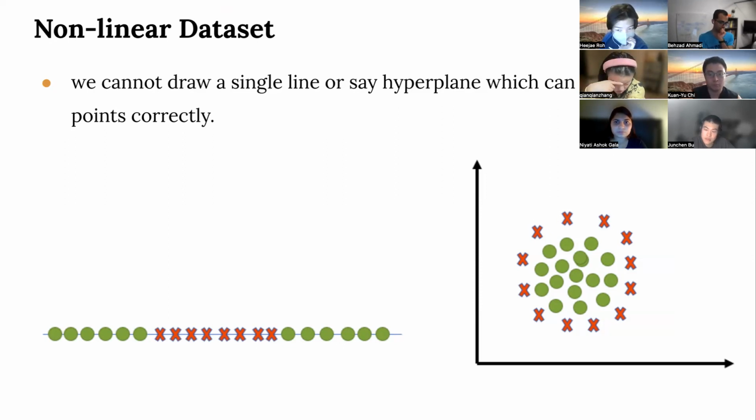I can't. So if you draw a line here, what would happen? Let's say this is x equals 0. If you draw a line here, actually you have a lot of error, right? Because you have a mix of the two here.